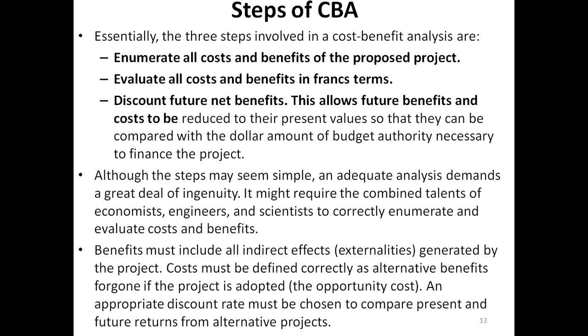The second is to evaluate all costs and benefits in franc terms. The third is to discount future net benefits. This allows the future benefits and costs to be reduced to their present value so that they can be compared with the dollar amount of budget authority necessary to finance the project.